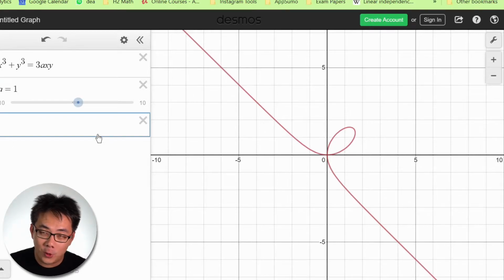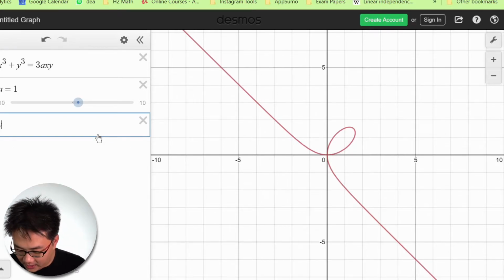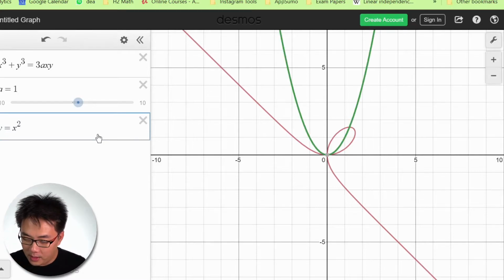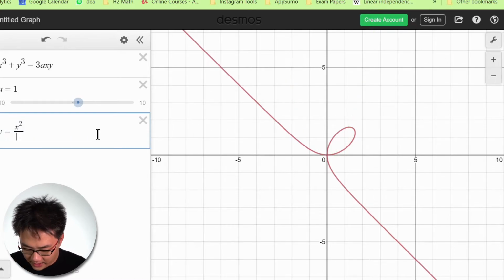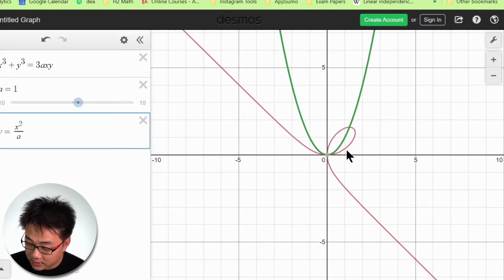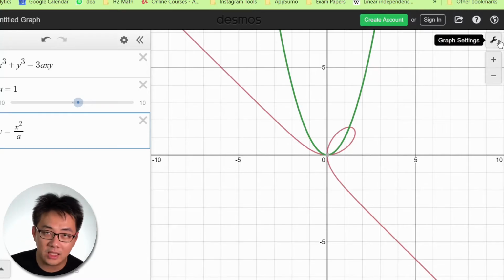When dy/dx equals 0, you get y equals x squared over a. There you see that? That's so cool, right? That's how you make sense of the things you solve.